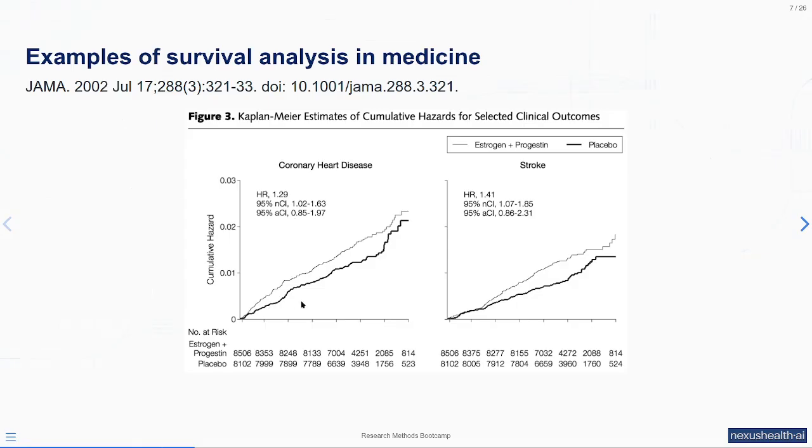And so these curves just basically show how the two groups compare in terms of the events that they are looking at, coronary heart disease and stroke.